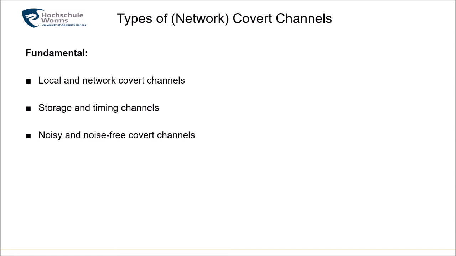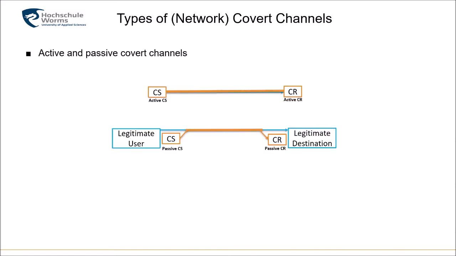It's always nice for the covert channel user to have a noise-free channel, but in many cases that's just not possible. So these are the very fundamental categorizations. Now I will go into some network-specific, more sophisticated differentiation. So there are, first of all, actually it's not network-specific in any case. So active and passive covert channels, for instance, are not network-specific, but here they play a big role.